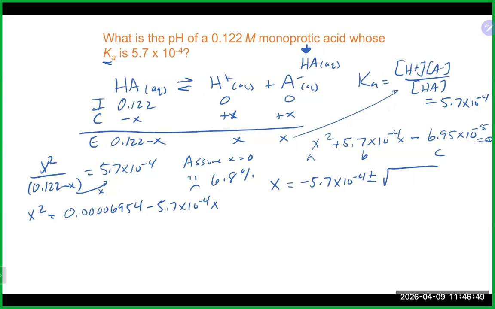That looks like, inside the square root before you take it, 0.0002783, and then a little square root action on it is going to get you 0.01668 there, divided by 2 times A, which is 2. So doing the plus here, minus 5.7 times 10 to the minus 4 plus our 0.01668, divided by 2, going to give us an x value of 0.008055.